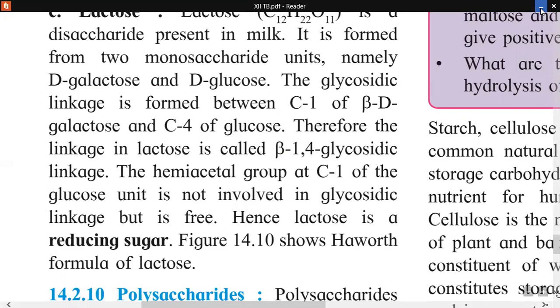So that is about the structural formulae of sucrose, maltose and lactose. These are the examples of disaccharides.